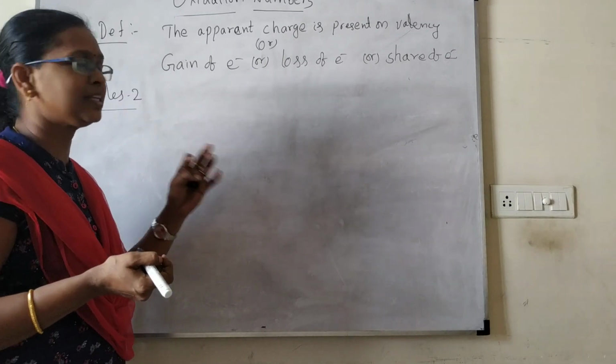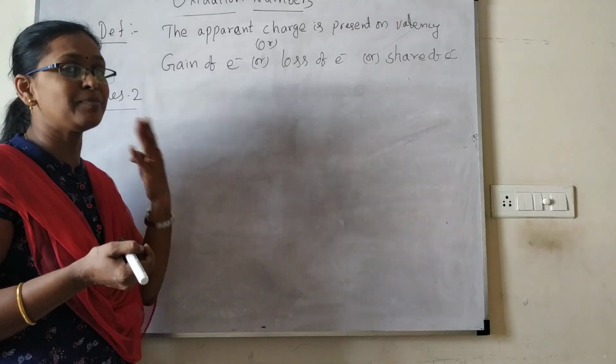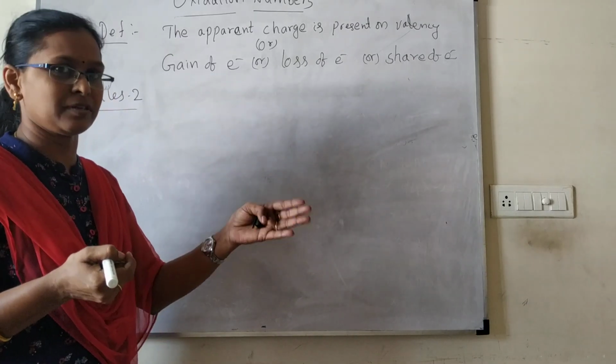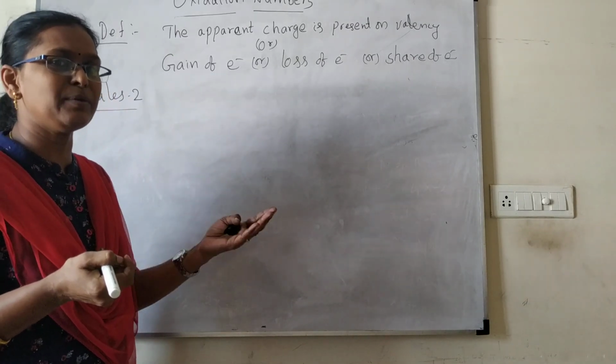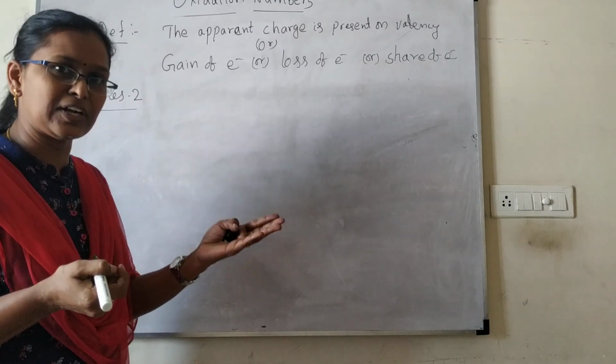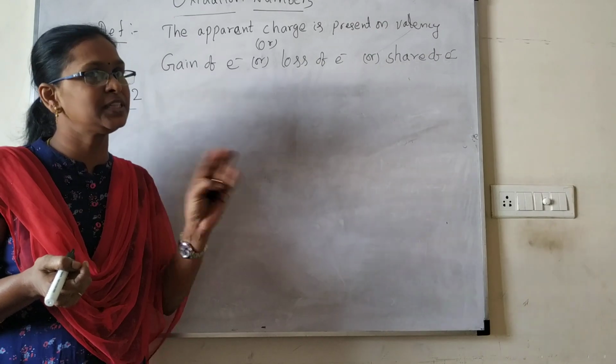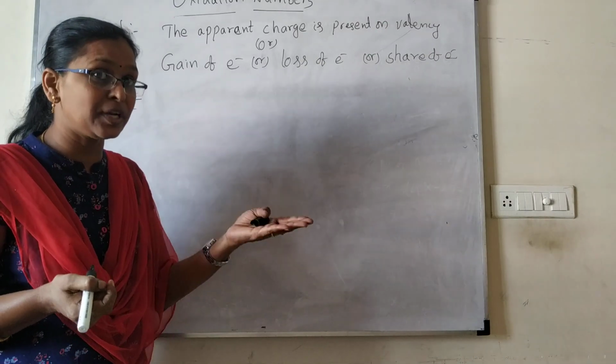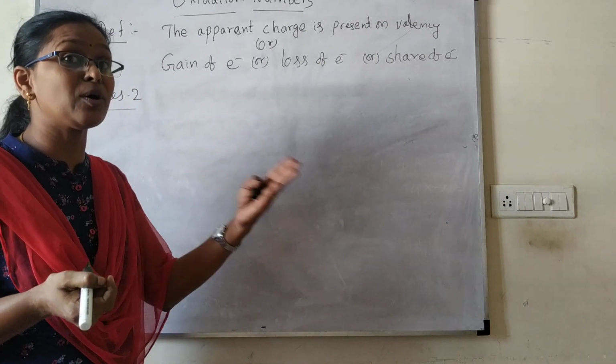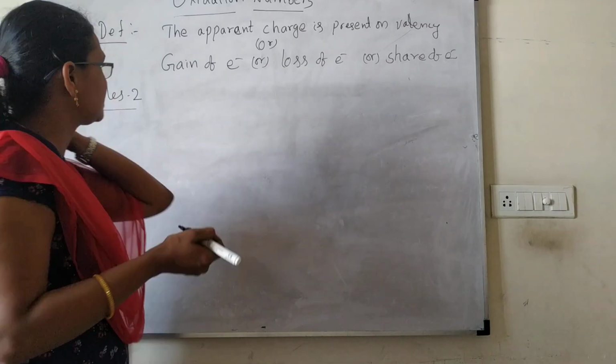Metals are usually monoatomic. And some non-metallic elements are diatomic, some tetraatomic, some octaatomic like sulfur, and even triatomic like ozone, as we discussed.